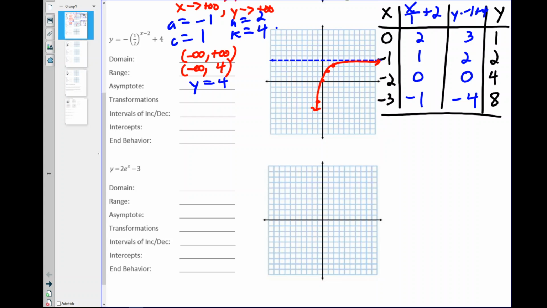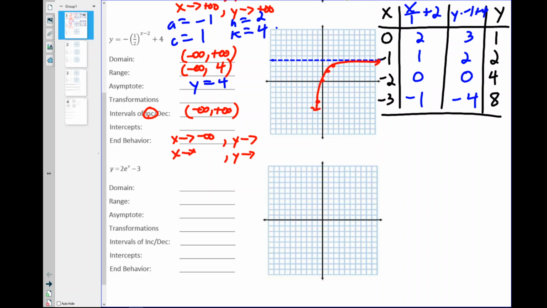If this were a roller coaster and you would be going to the right, it would be increasing. And it's increasing everywhere. Let's just do end behavior and then we'll do intercepts afterwards. End behavior. What's the left arrow doing?